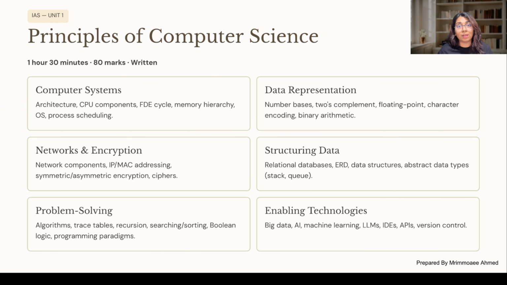Based on that, we can create a diagram by using boxes and so on. So this is basically an ERD diagram. Then we will learn about data structures, such as lists. We also learn about abstract data types, which are stack and queue, and how they work. All is theory. Unit 1 is all about theory. We will just understand how programs work in a theoretical way.